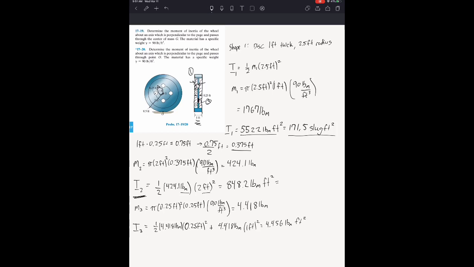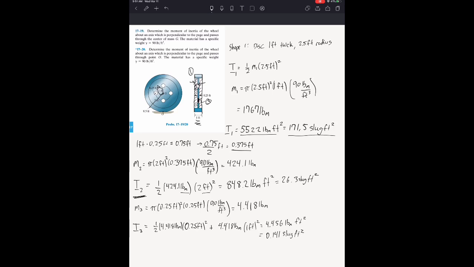This conversion, 848.2, converted to slugs is 26.3 slug feet squared, and this is 0.141 slug feet squared.